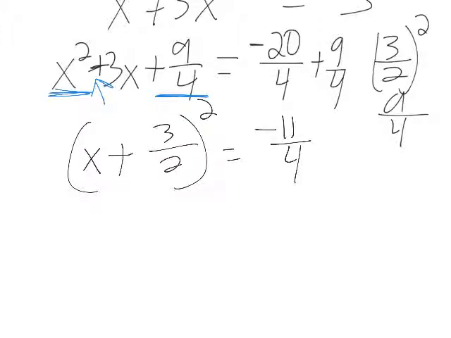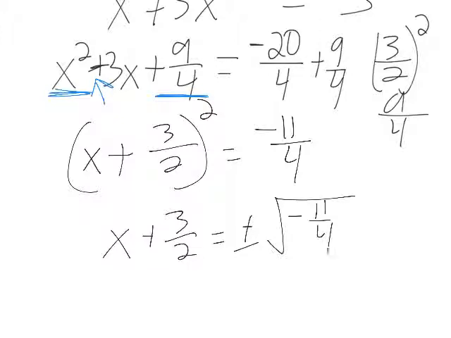And then just proceed as we did before. We're going to have an imaginary one this time. So x plus 3/2 is equal to plus or minus the square root of -11/4. I can take the root of 4, but not 11. So we'll go ahead and split that up.